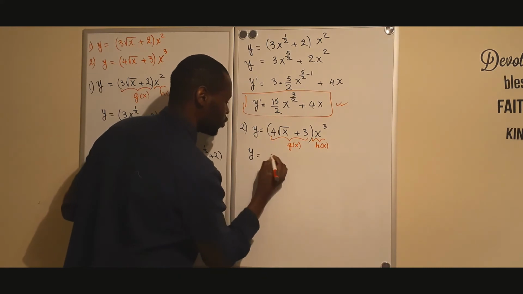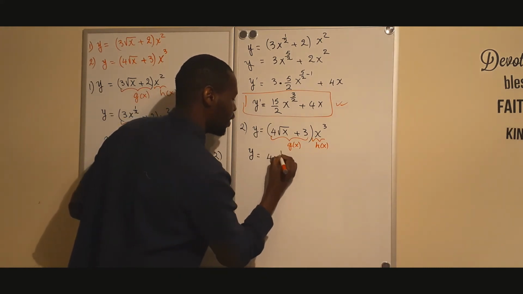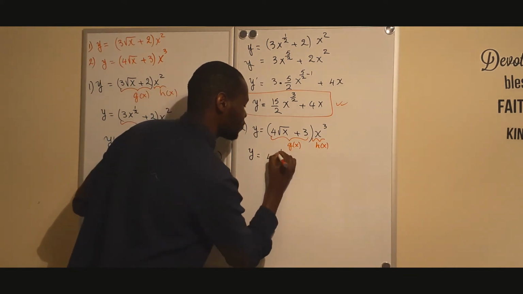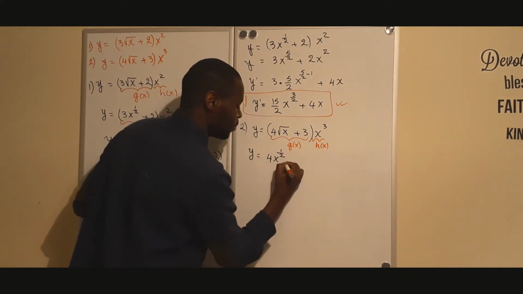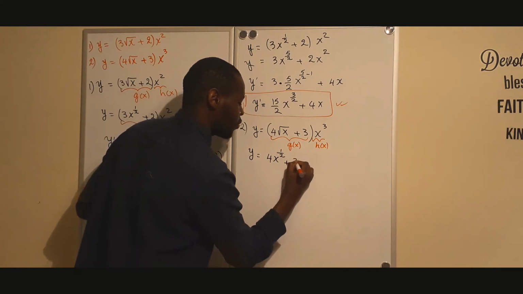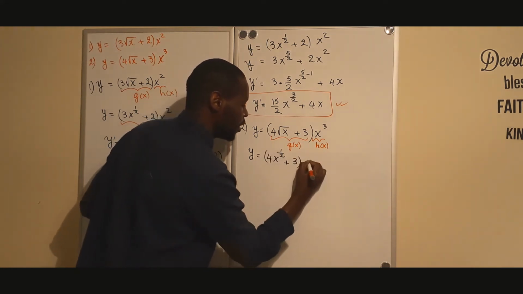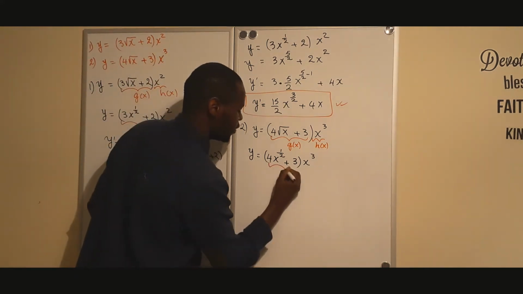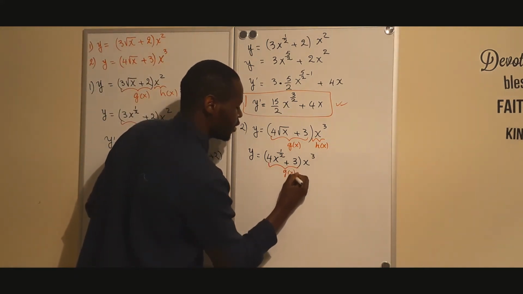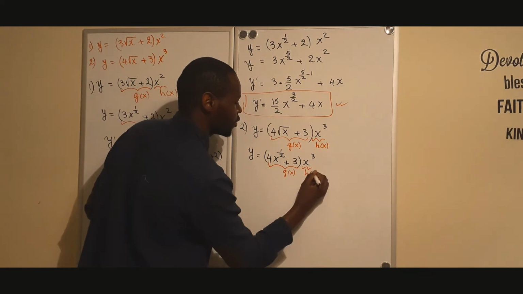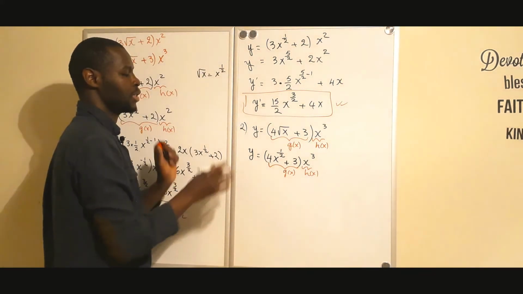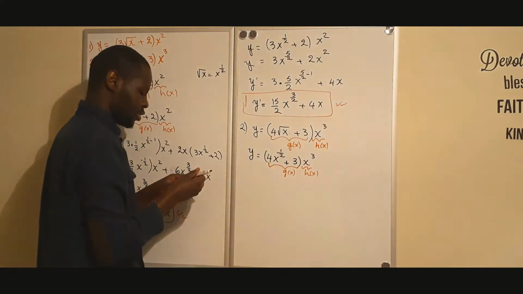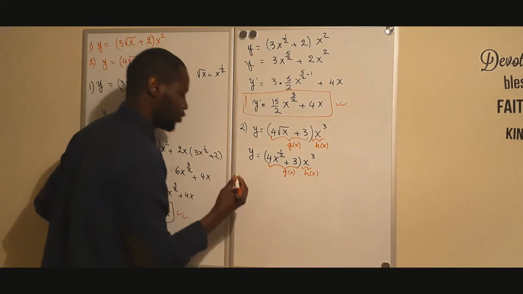So y equals 4x to the 1/2 plus 3 times x cubed. Again, this is my g of x, and this is my h of x. So I did not change anything on my expression. All I did was rewrite the square root of x as x to the 1/2. It is easier to deal with than the square root.